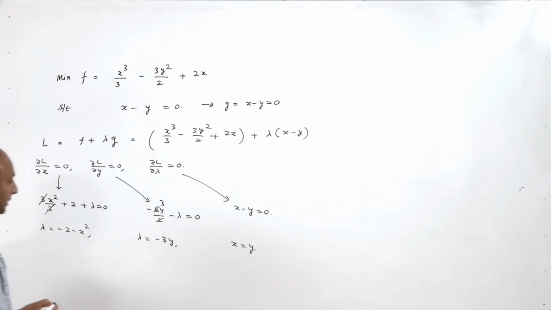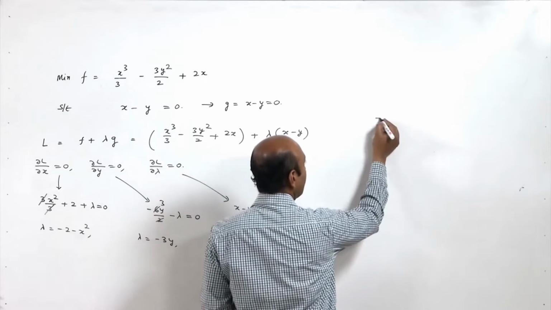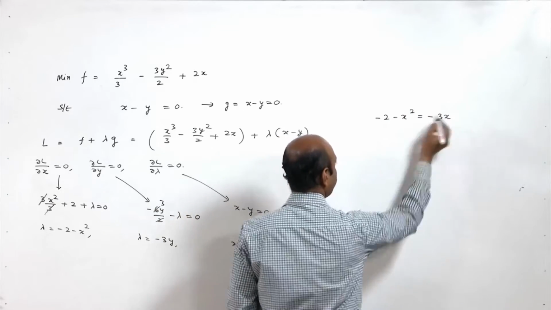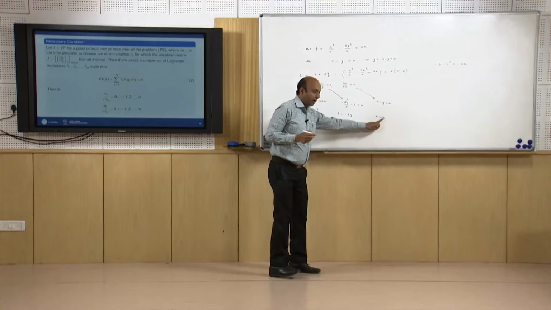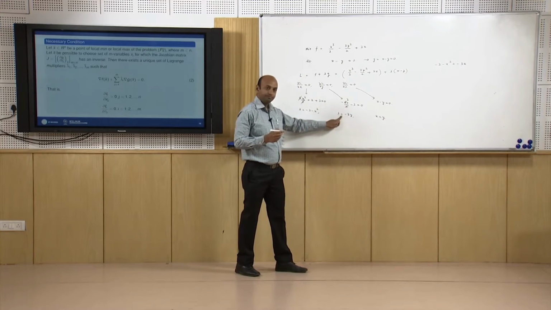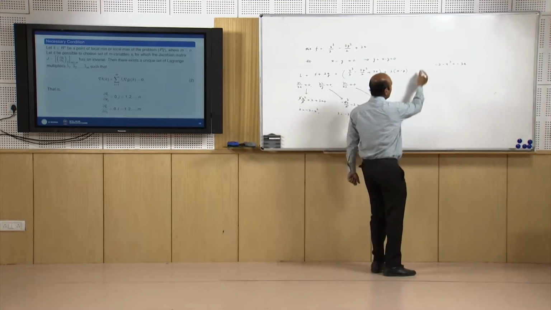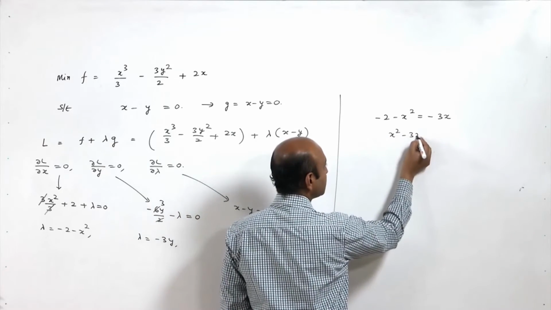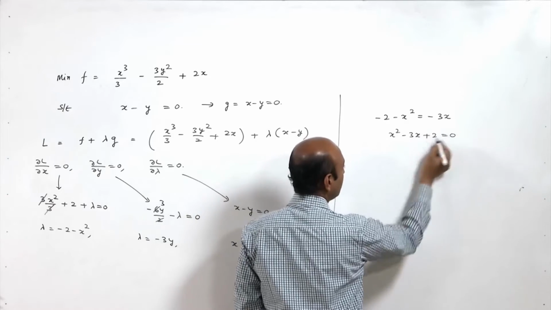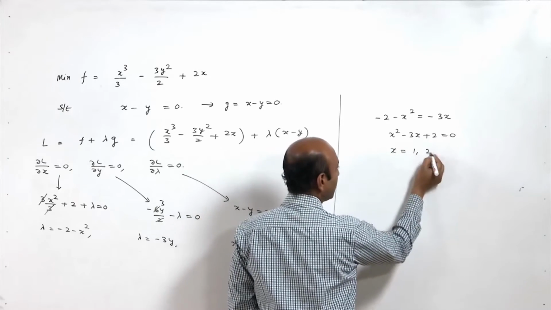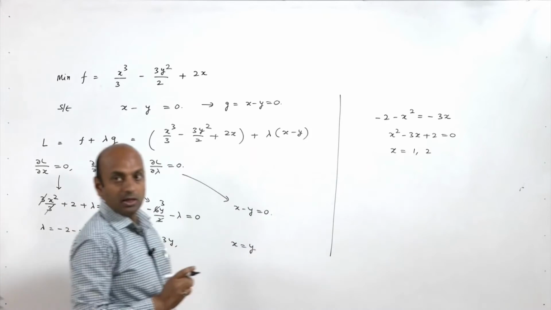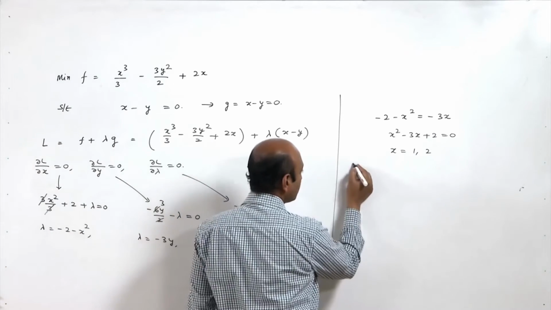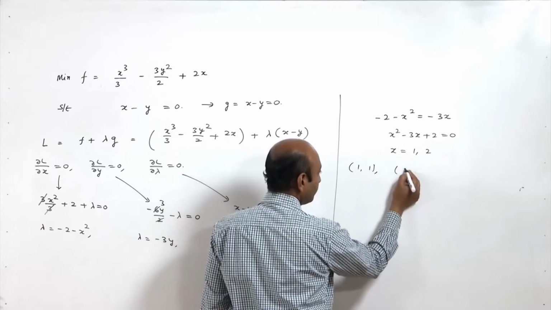What we obtain is minus 2 minus x square is equal to minus 3x, because x is equal to y. So, it is x square minus 3x plus 2 equal to 0, that means x is 1 and 2. If x is 1 and 2 and x equal to y, that means y is also 1 and 2. So, the points are (1, 1) and (2, 2).